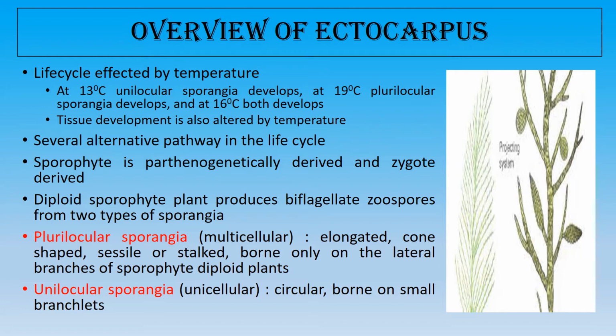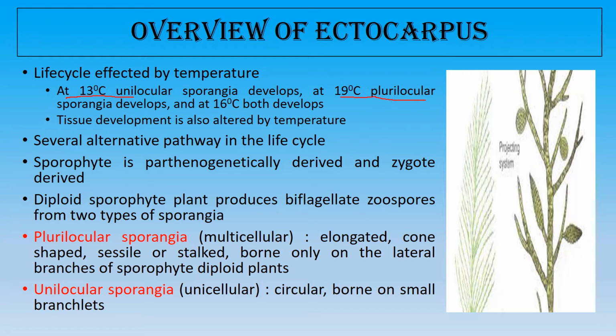Now, the unilocular sporangia produce haploid zoospores. On the other hand, plurilocular sporangia produce diploid zoospores. At 13 degrees C, unilocular sporangia are produced, and at a higher temperature, that is 19 degrees C, plurilocular sporangia are formed.